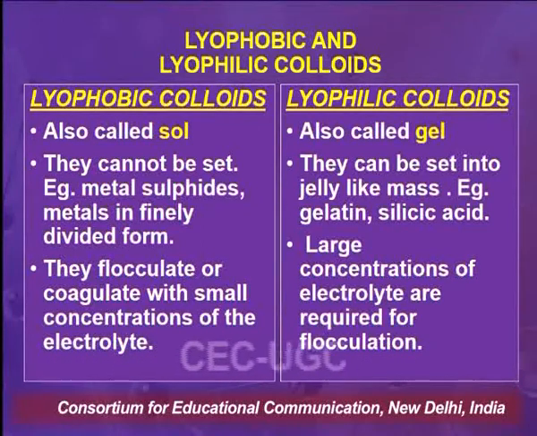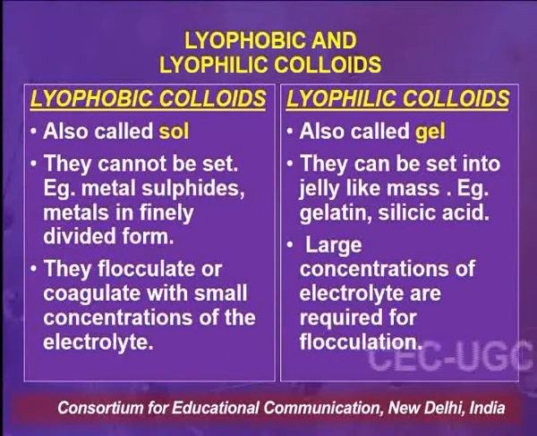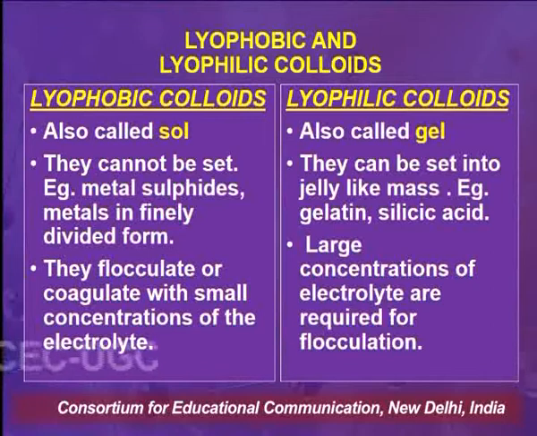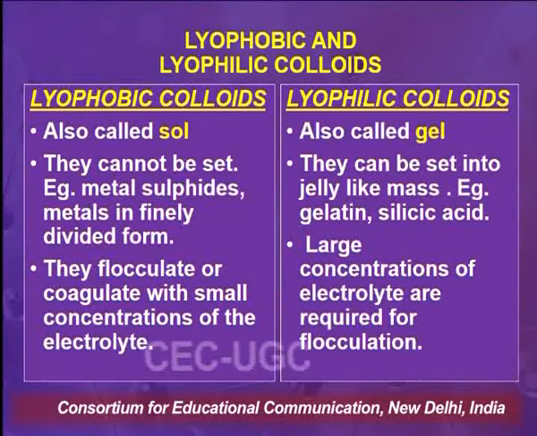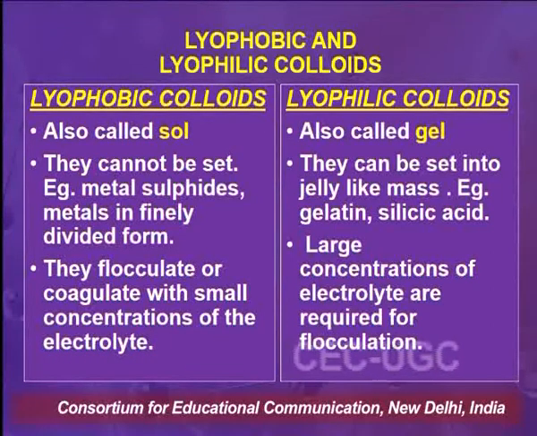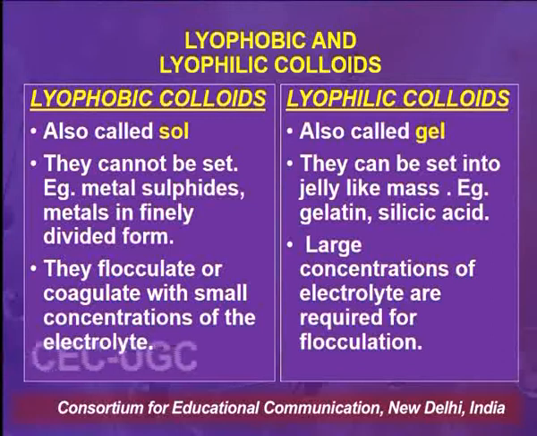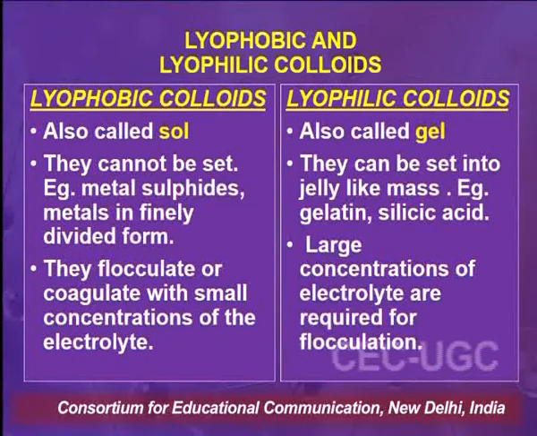So, lyophobic colloids can convert easily into a precipitate with even small concentrations of electrolytes. Lyophobic colloids have very small surface area, and on addition of the electrolyte they can easily precipitate out. Lyophilic colloids need large concentrations of electrolytes for flocculation.